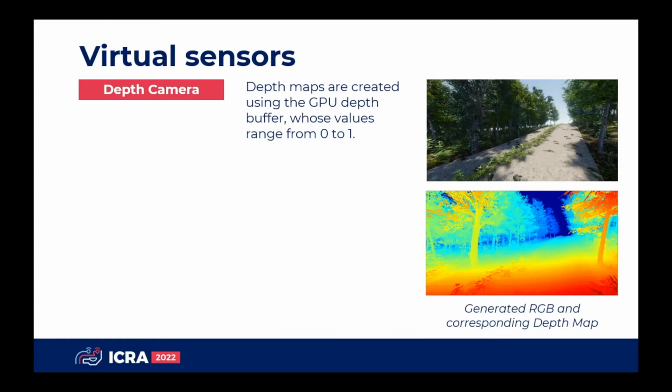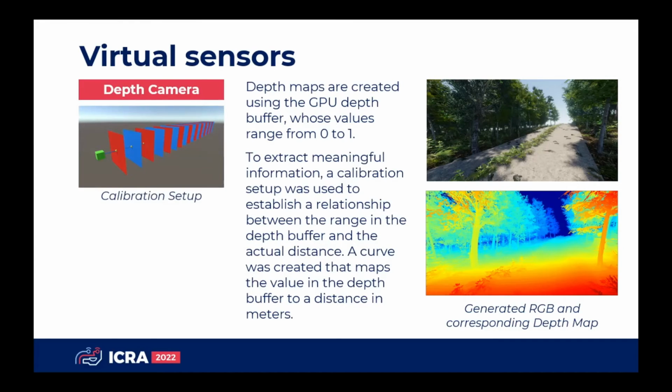Okay, so we need to calibrate this virtual sensor inside Unity. So we need to come up with a setup where we have different planes in the world we are generating, and then, taking into account the parameters we were considering for the camera, try to calibrate, meaning to come up with a calibration curve that, given the range, would allow us to get the depth, in our case in meters.